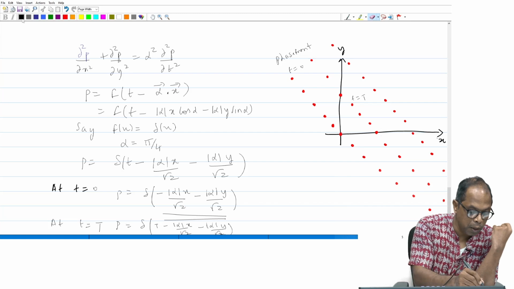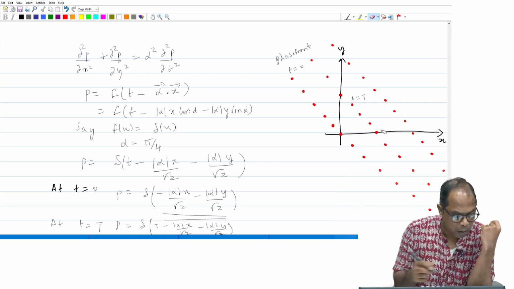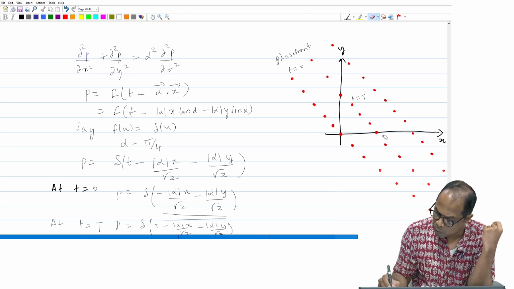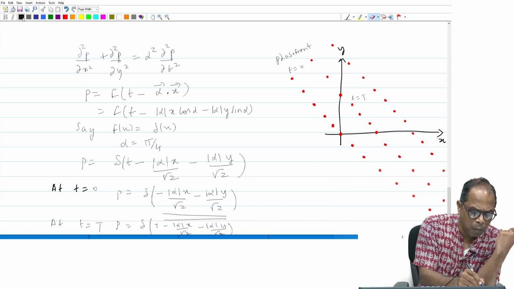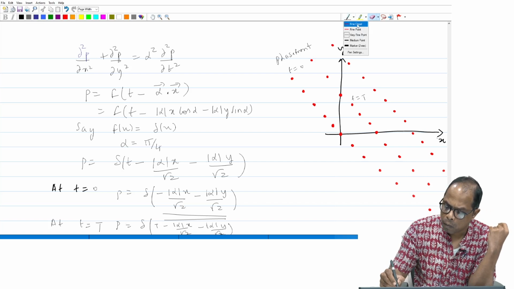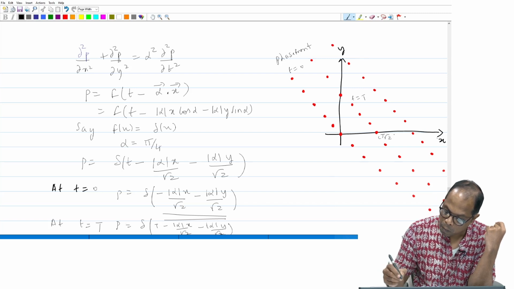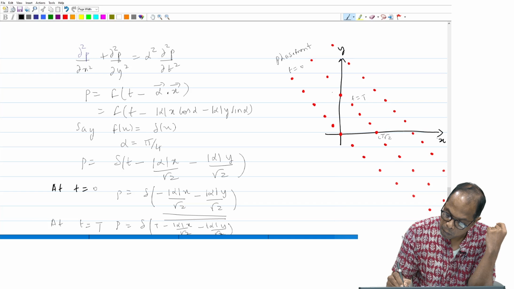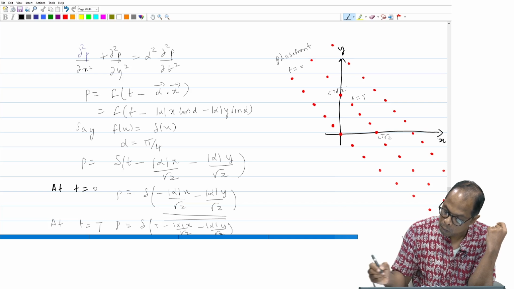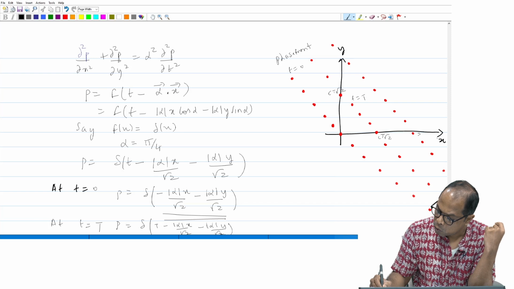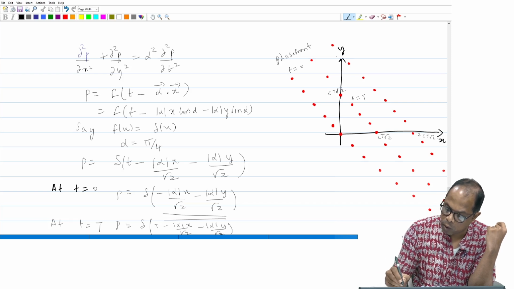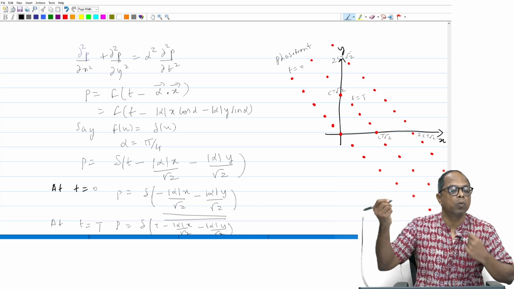This is going to be and so on. Okay, so this one is going to be 2 times ct square root 2, and this one is going to be 2 times ct square root 2, and so on.